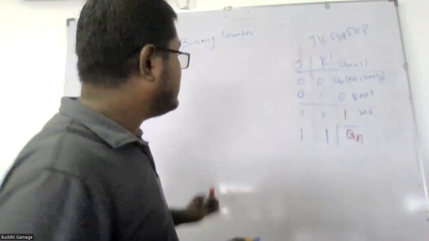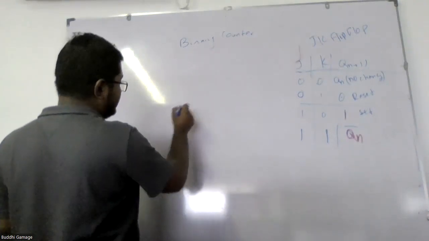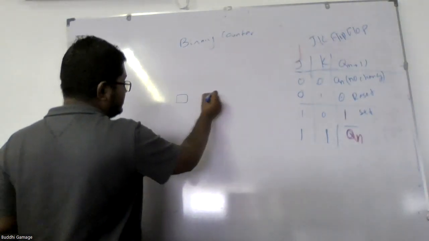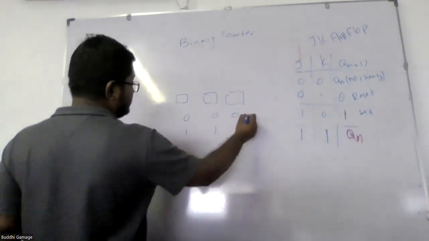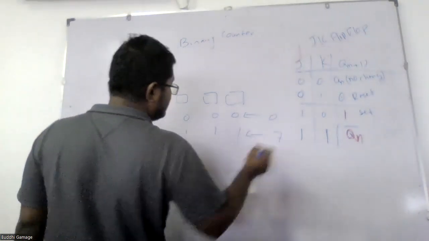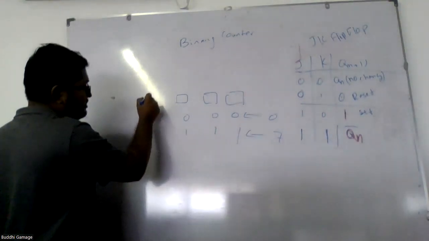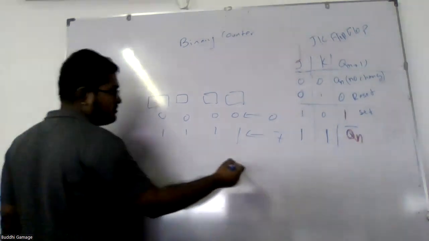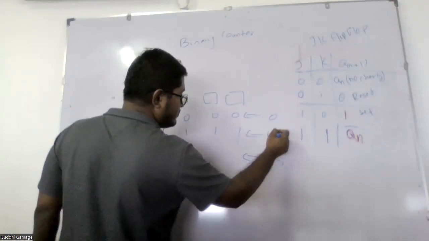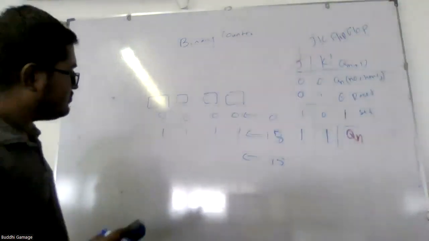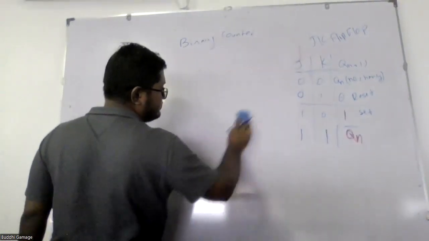Here we are considering only 1 bit, but you can create 3-bit circuits, from 000 to 111. So this value is 0 and this value is 7, so there will be 8 states. And if you consider 4 bits, this value goes up to 15. Likewise, you can move up to any particular value.